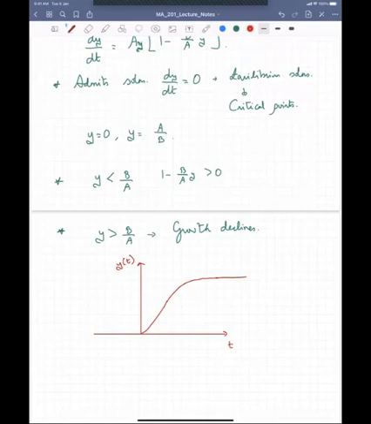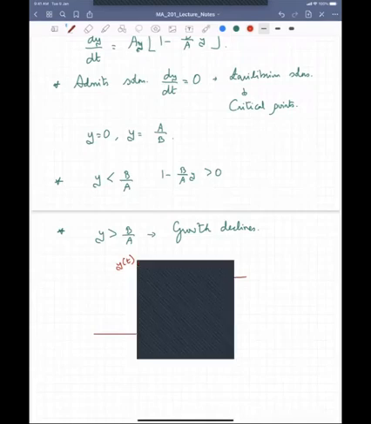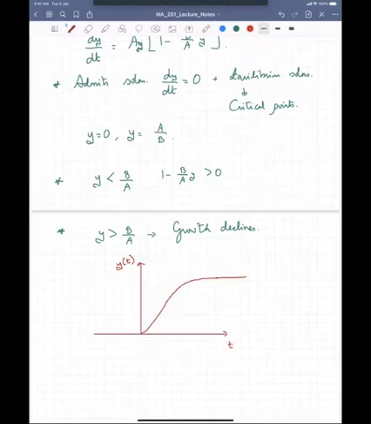Sir, shouldn't the population growth stop at the point where dy/dx is 0? After that, it shouldn't grow further. That should be the tapering point, right? The saturation level. Exactly. So what is this point?